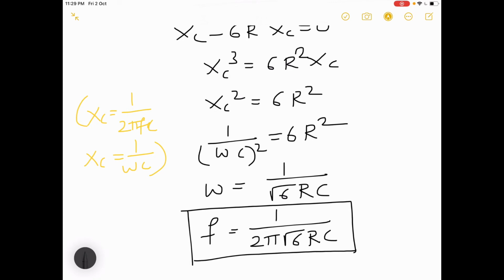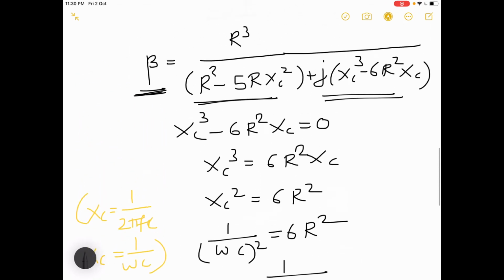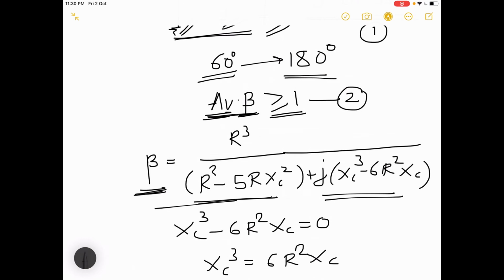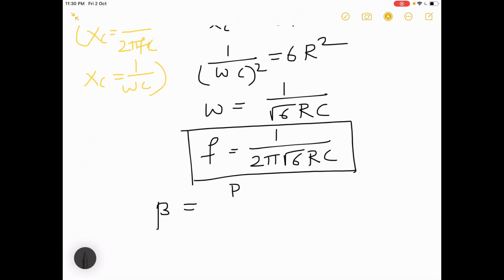Now next, at this frequency the imaginary part is 0 and beta will be a real number. So I am taking only the real part of this equation. The real part is R cube upon R cube minus 5R Xc square.